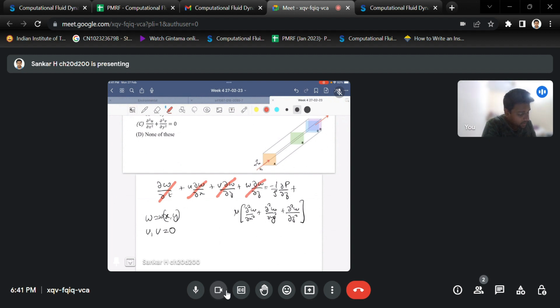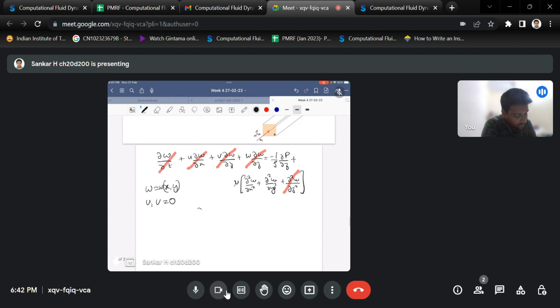Therefore, a pressure gradient will exist, and since w is not a function of z, this term again will go to 0. So we get the equation dou square w by dou x square plus dou square w by dou y square should be equal to minus 1 by mu dou p by dou z.